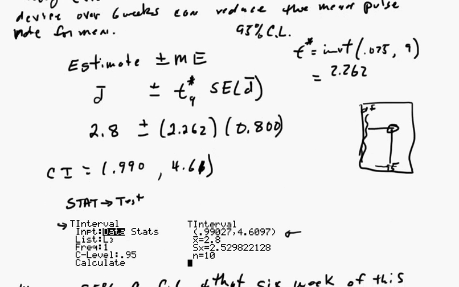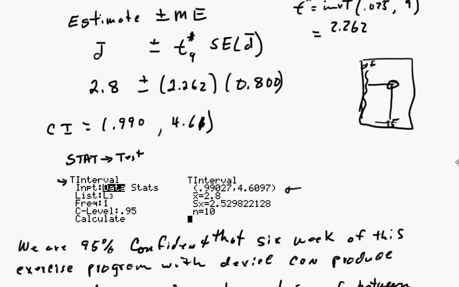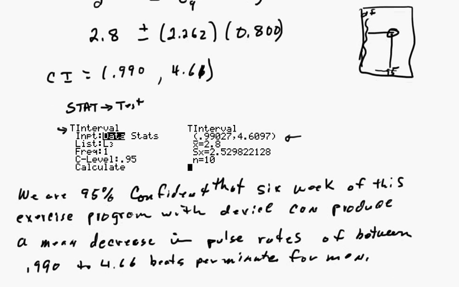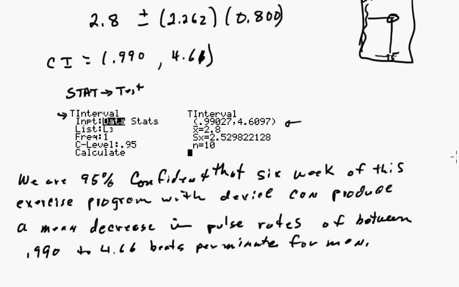Same thing with a confidence interval: document your work, exploit the calculator, and then write a conclusion. Most of this is very similar to a single sample test of means. Okay, good luck.